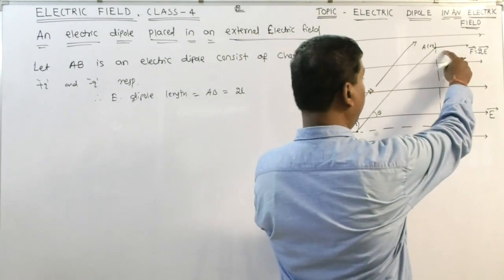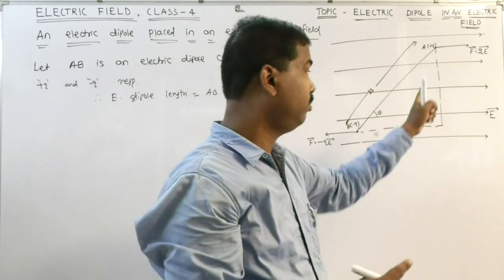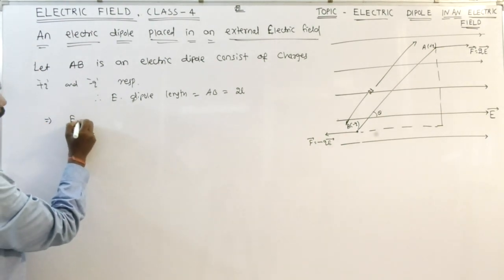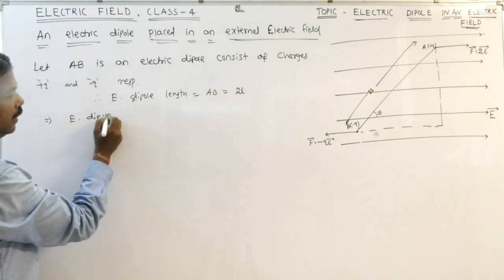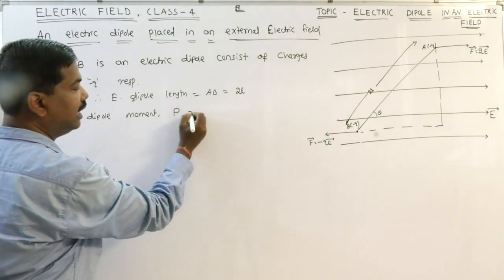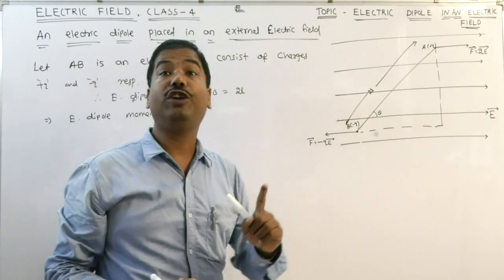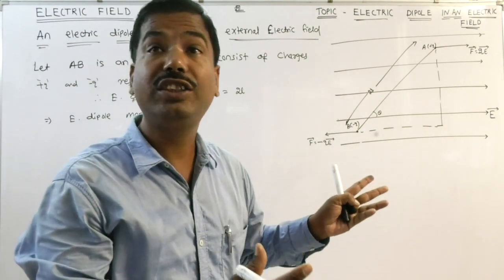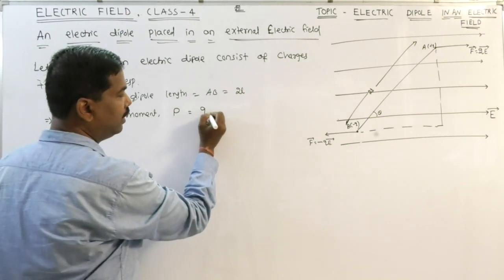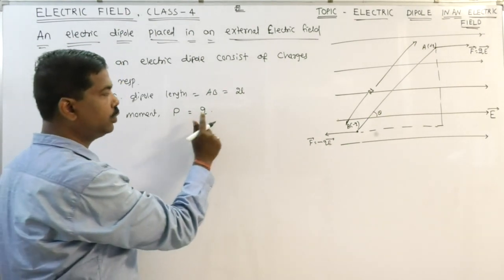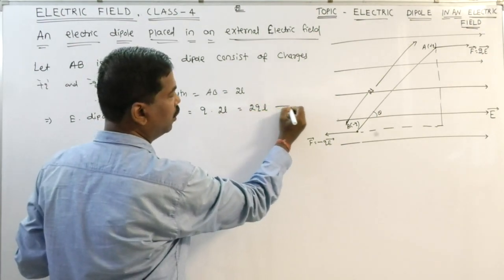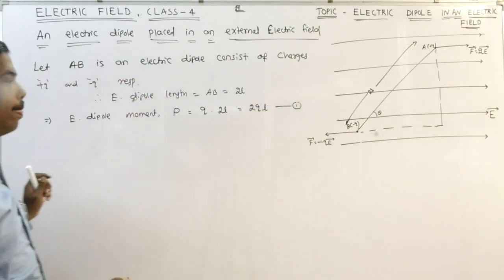The distance between A and B, the two charges, is 2l. Implies electric dipole moment. Last class we have discussed the dipole moment is equal to the magnitude of either one charge and the distance of separation, the dipole length. Dipole moment is equal to magnitude of one charge, that is q, into 2l. So p is 2ql.